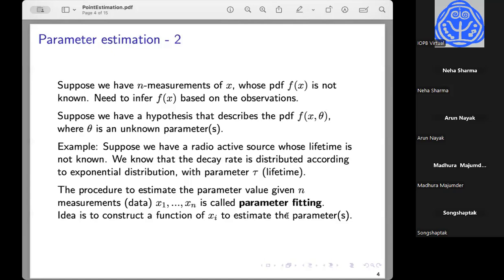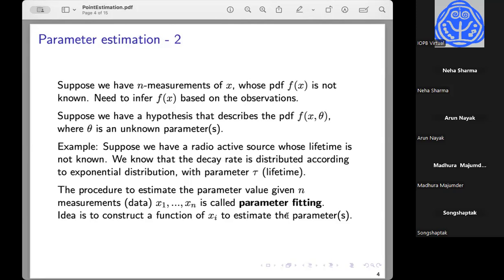So we have some hypothesis that describes the PDF of these observations, and this hypothesized PDF depends on some parameter theta, which is not known to us, some unknown parameters.